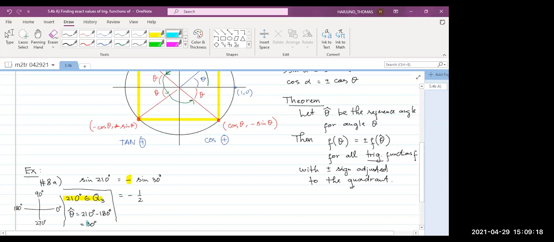The 1/2 comes from the fact that sine 30 degrees is 1/2. So you look at the quadrant, that's how we know the plus or minus. And then we look at the reference angle. From there, we compute the value in terms of a special angle in quadrant 1.